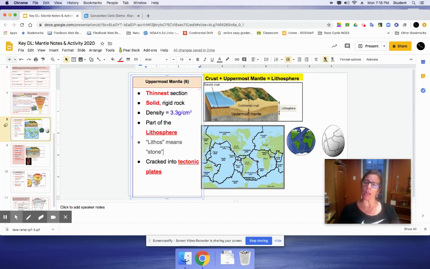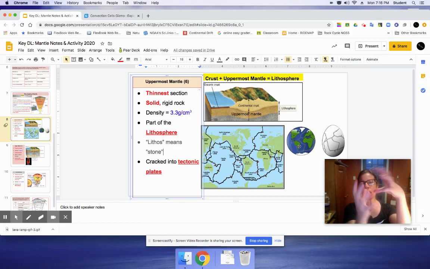I want you to think of tectonic plates for now as very similar to the cracked pieces of a hard-boiled egg, because that's really a good analogy to what Earth's lithosphere might look like if we could view it from, say, outer space, just the lithosphere. Take all the water off of the planet and look at the solid rock section of planet Earth. It's actually cracked. It's not smooth all around.